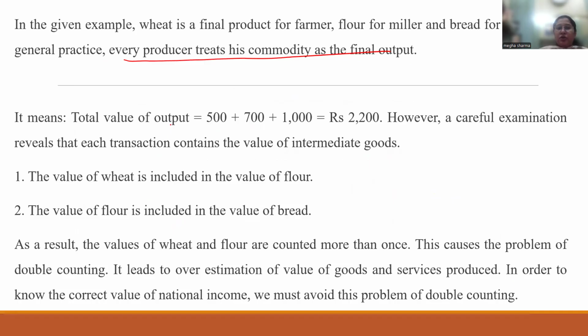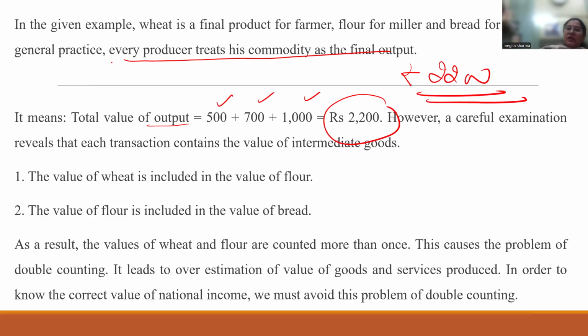That would be total value of output, that is 500, 700, 1000, which comes out to be 2200. The income generated in an economy is shown as 2200, but the actual value, if we use the value added method, whereby we deduct any kind of intermediate purchase which is already considered in an economy, is only rupees 1000.